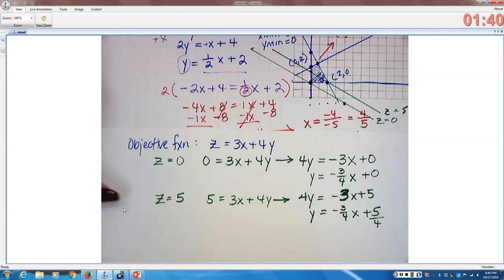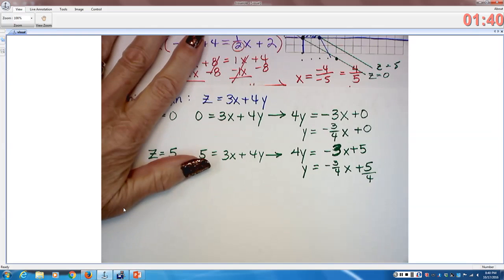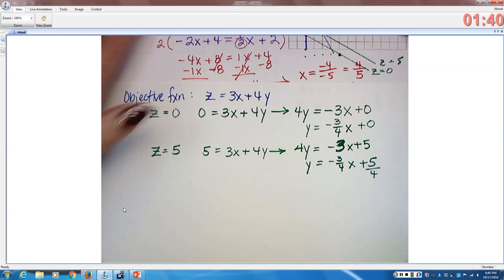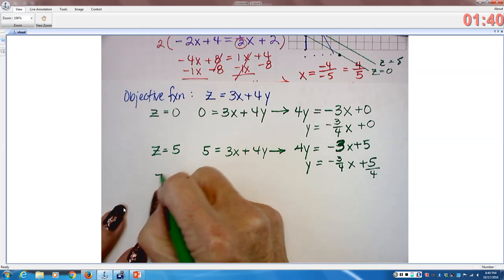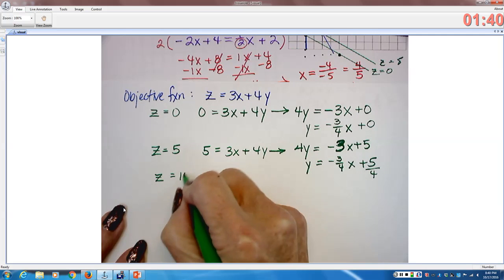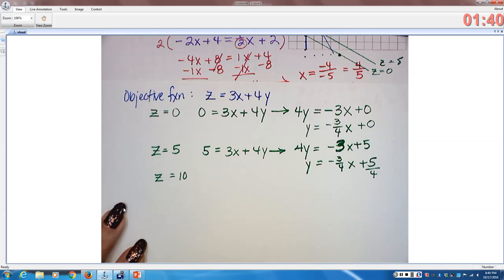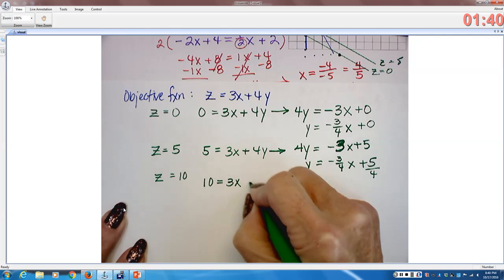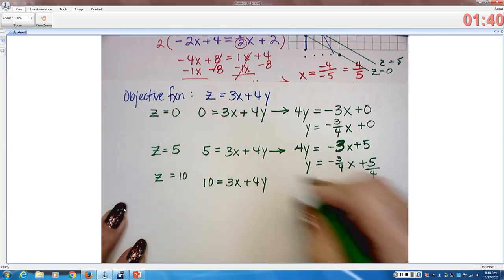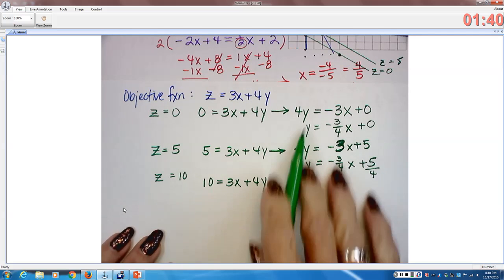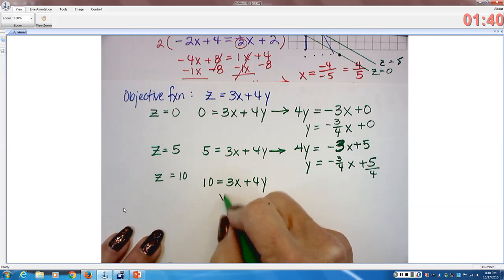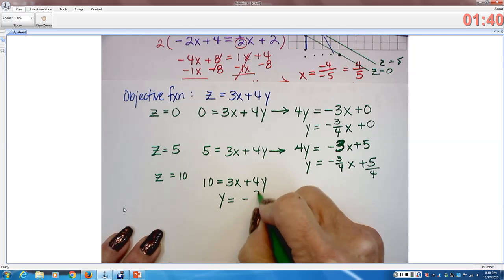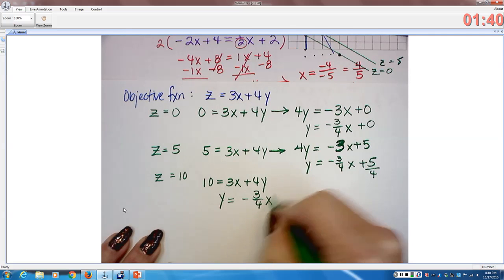So I'm going to continue on, and I'm going to let z be a bigger number. z is equal to 10. And if you followed the pattern here, you're going to realize quickly that it's always going to be negative 3/4 x.